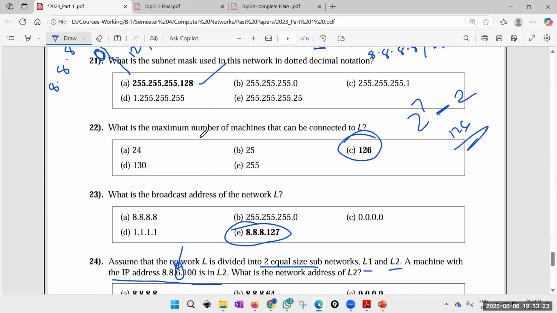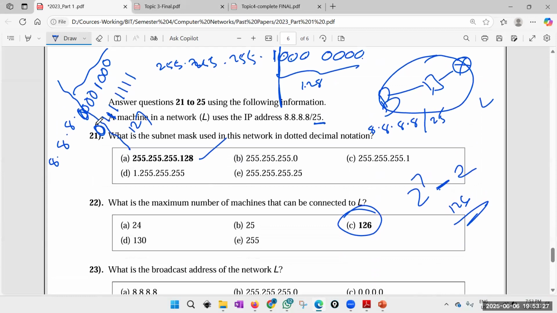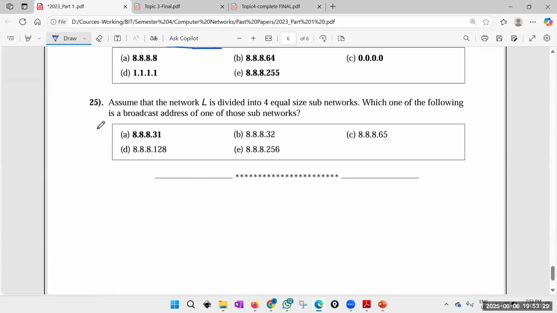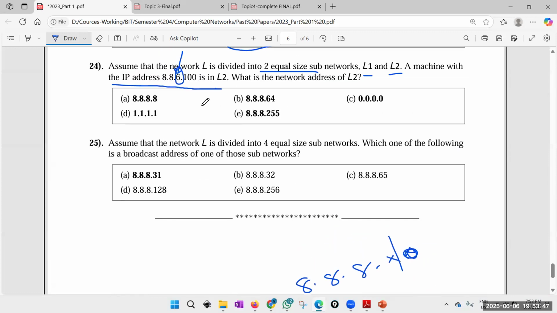Anyway, we should be able to calculate this. Now we are going to break it into 2, so we need to borrow one more bit. It will be 8.8.8. Originally we had this, but now we are going to borrow another bit so that it can be 0 for one network and 1 for the other network, and this is 100.